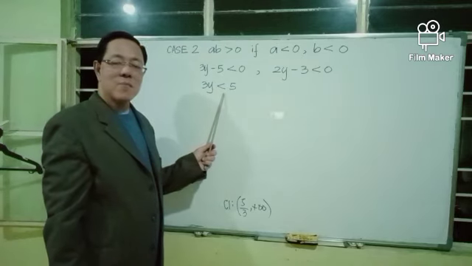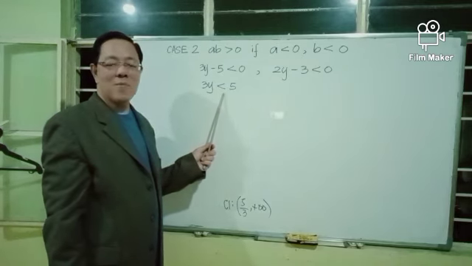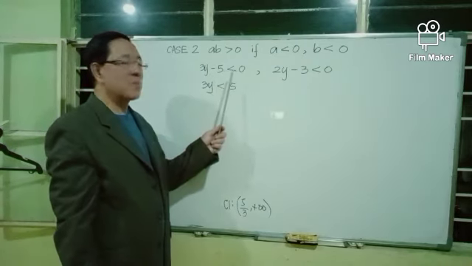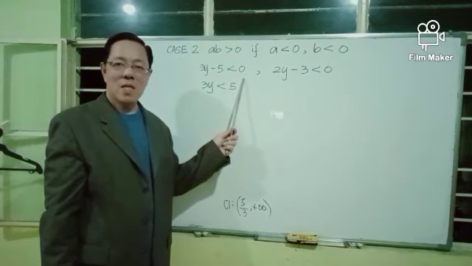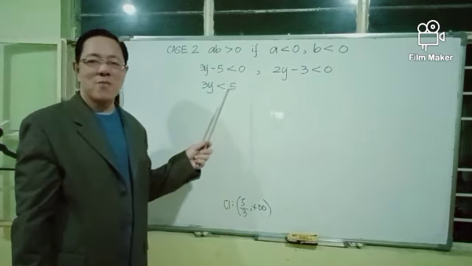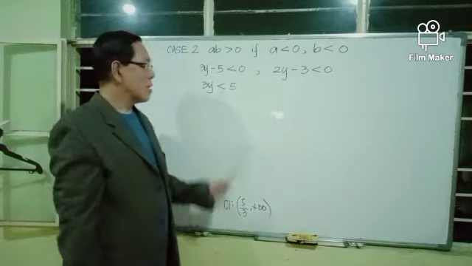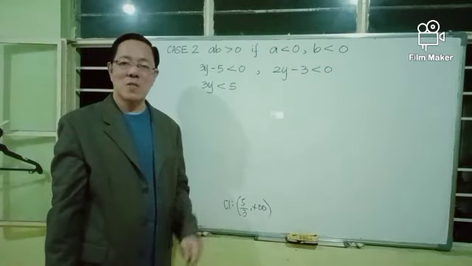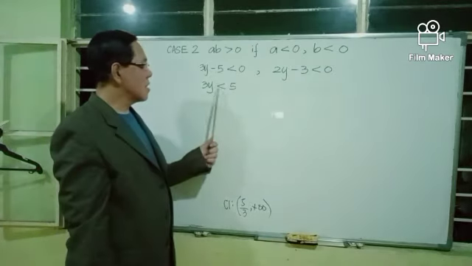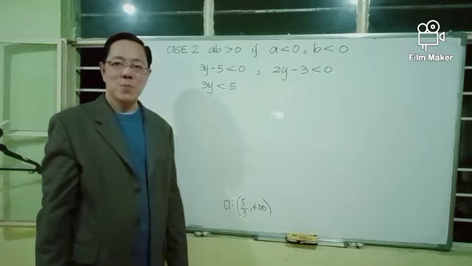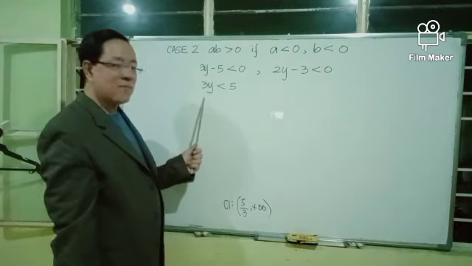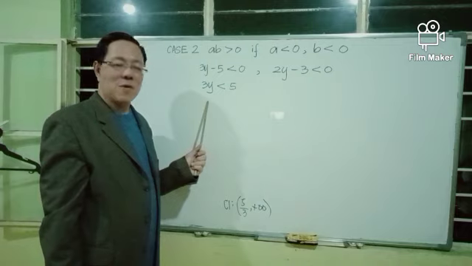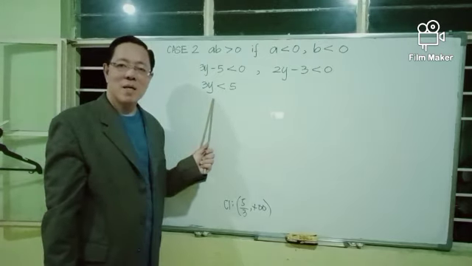The inequality remains less than because we have actually added positive 5 to both sides of the inequality, and the addition property of inequality says that if you add the same constant to both sides of inequality, the inequality sign remains true. And in the final solution, we have to make the coefficient of y positive 1.